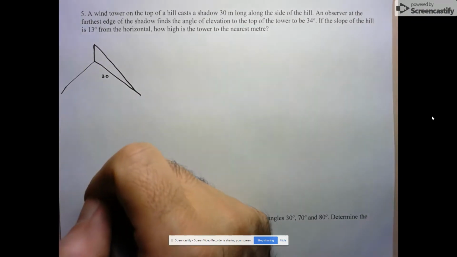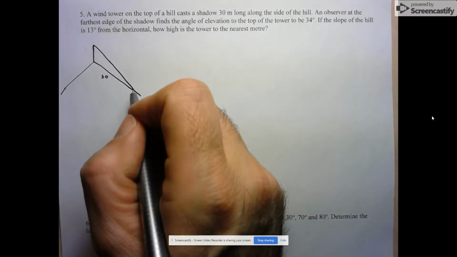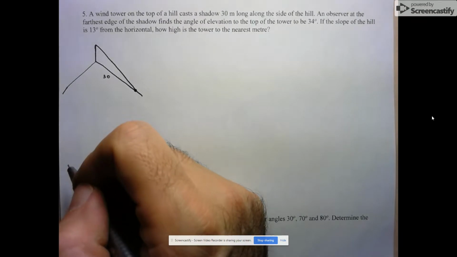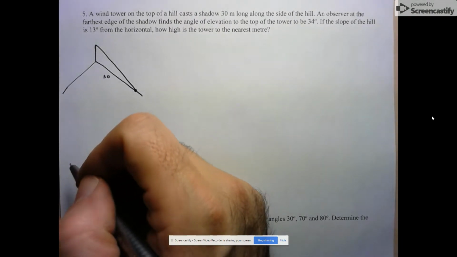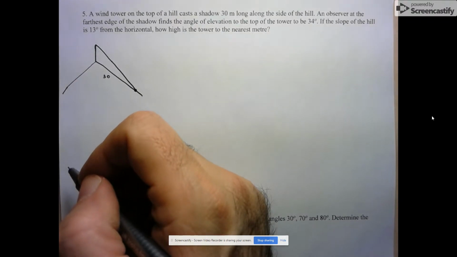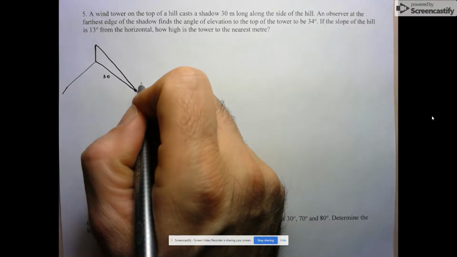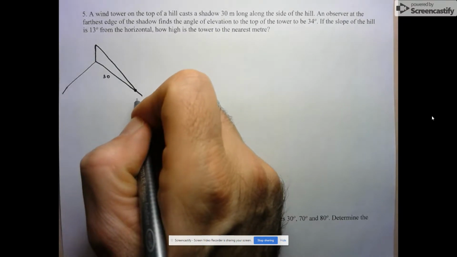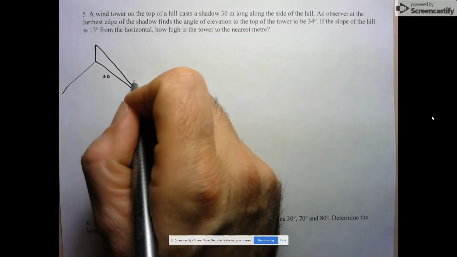All right, and it says an observer at the farthest edge of the shadow, so that would be here. So there's my observer, finds the angle of elevation to the top of the tower to be 34 degrees. All right. So this is where we may have to be a little careful, because when you're standing on a hill, you're not standing that way, right? Gravity would just pull you down. So you're still standing upright, against gravity.